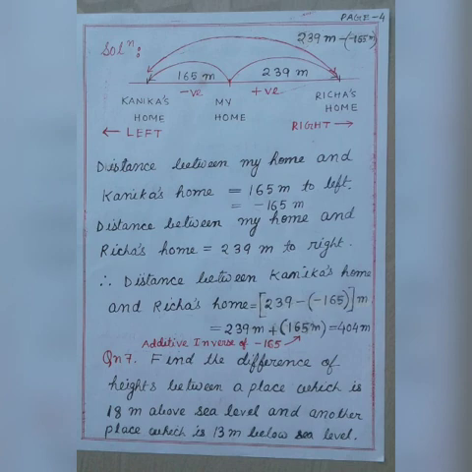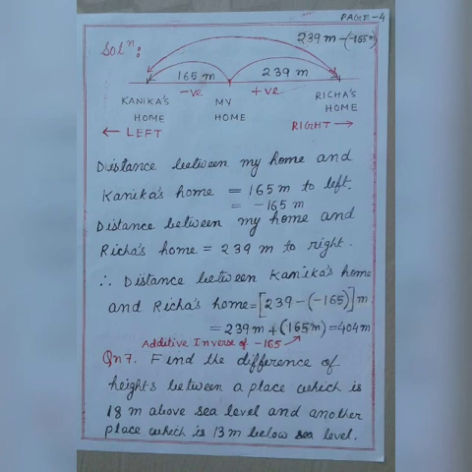In the right side of my home I have assumed to be positive, and to the left of my home I have assumed it to be negative. So 239 is positive and 165 is negative, because if right is assumed to be positive, left will be negative.